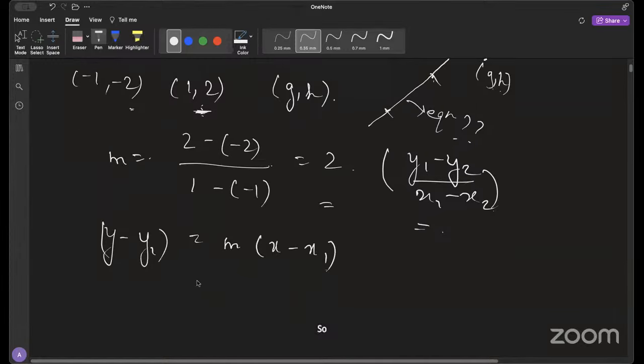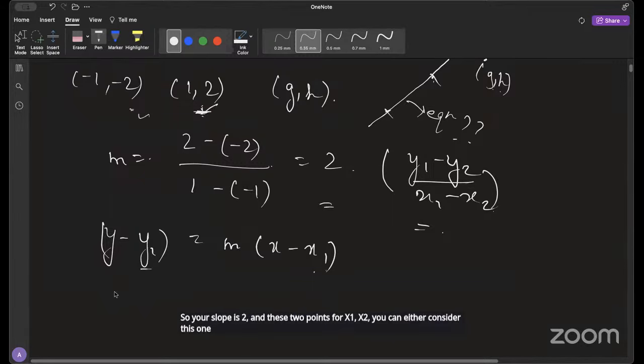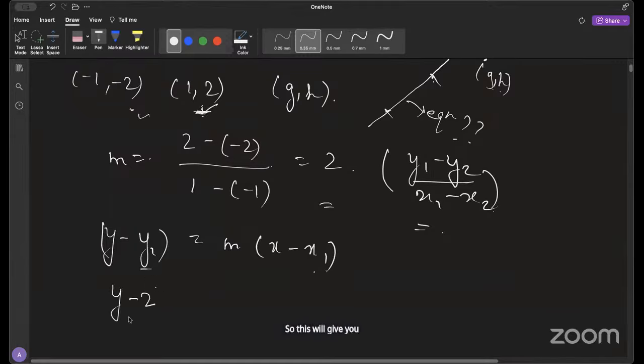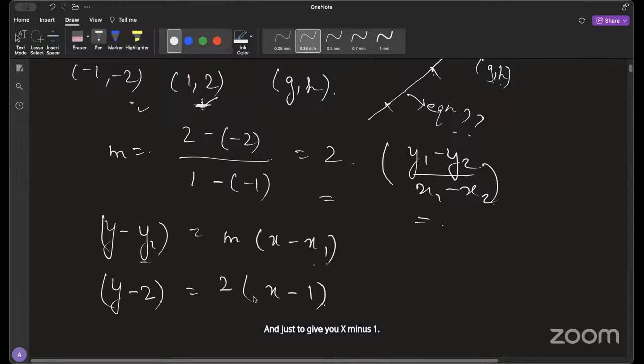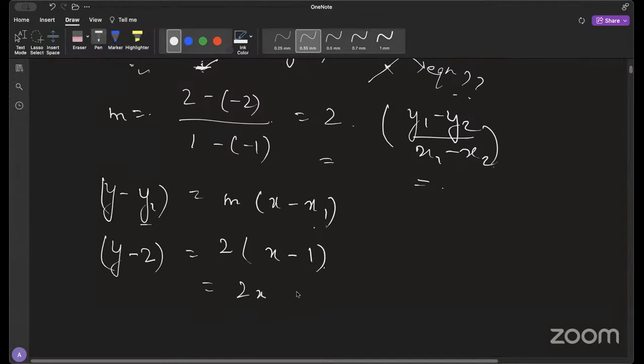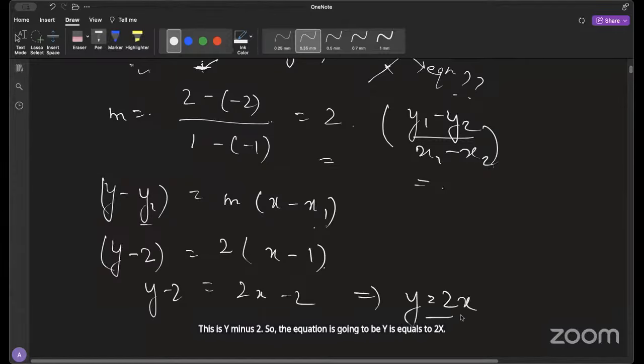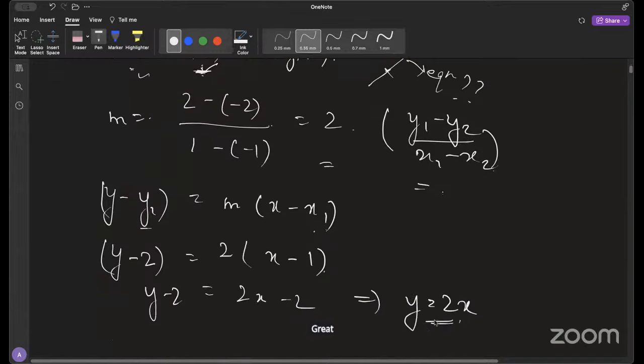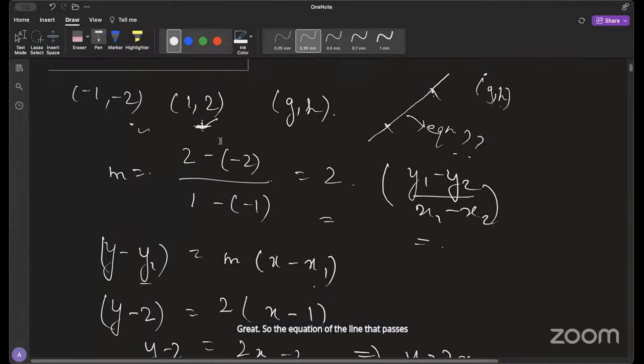Your slope is 2, and for x1, y1 you can consider either point. So this gives y minus 2 equals 2 times x minus 1, which is 2x minus 2. So y minus 2 equals 2x minus 2, and the equation is going to be y equals 2x. That's the equation of the line that passes through these points.